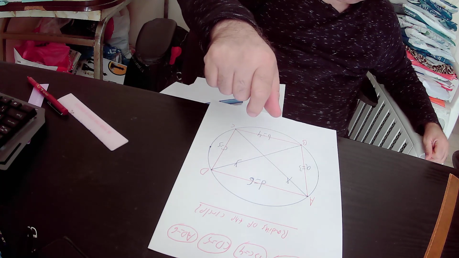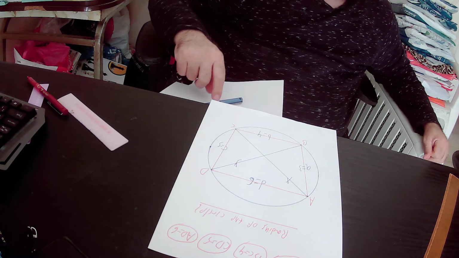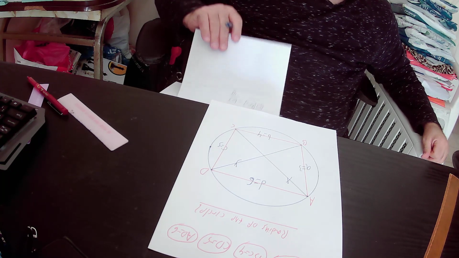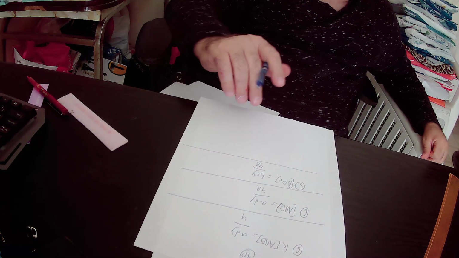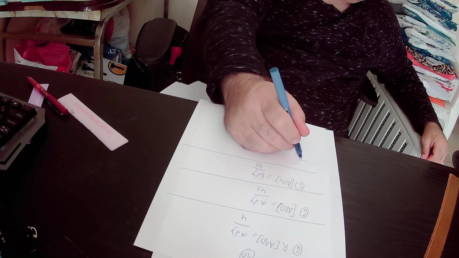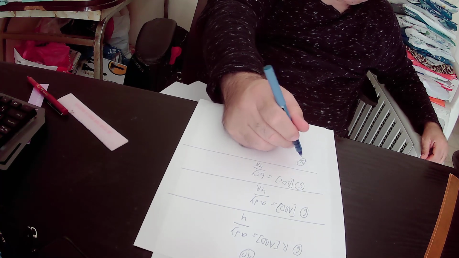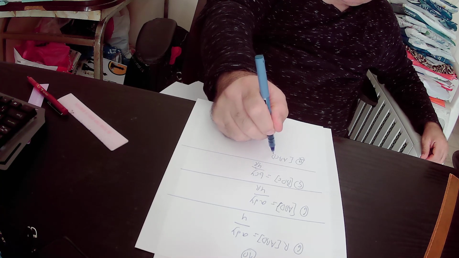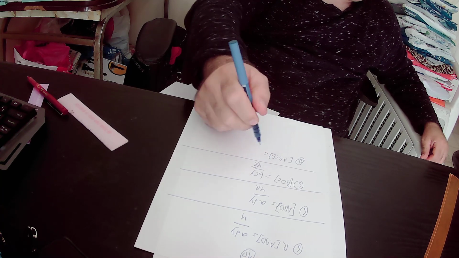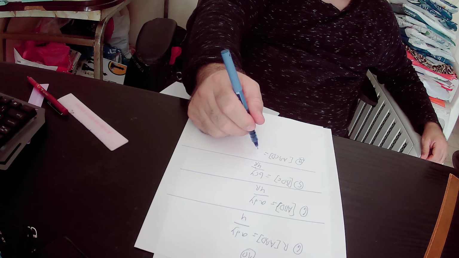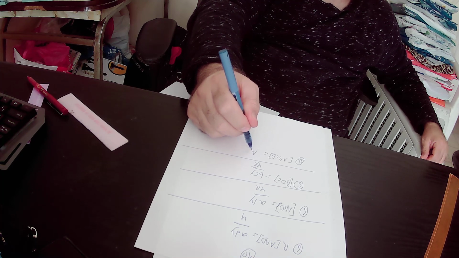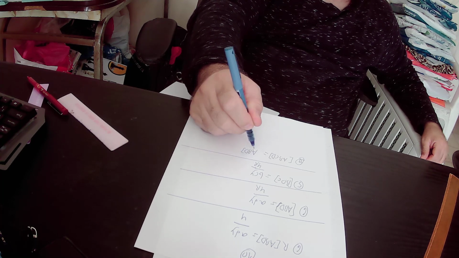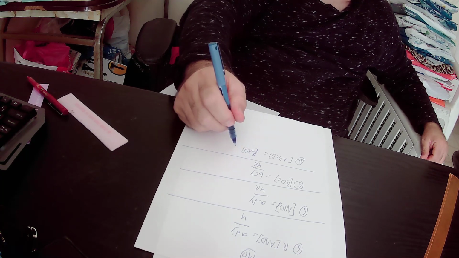So I will write down that the area of quadrilateral ABCD according to equation number 2 equals the area of triangle ABD plus the area of triangle BDC.